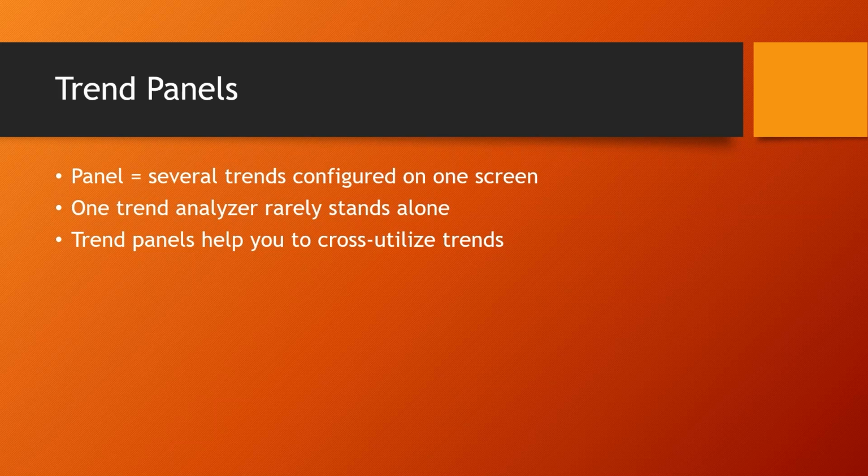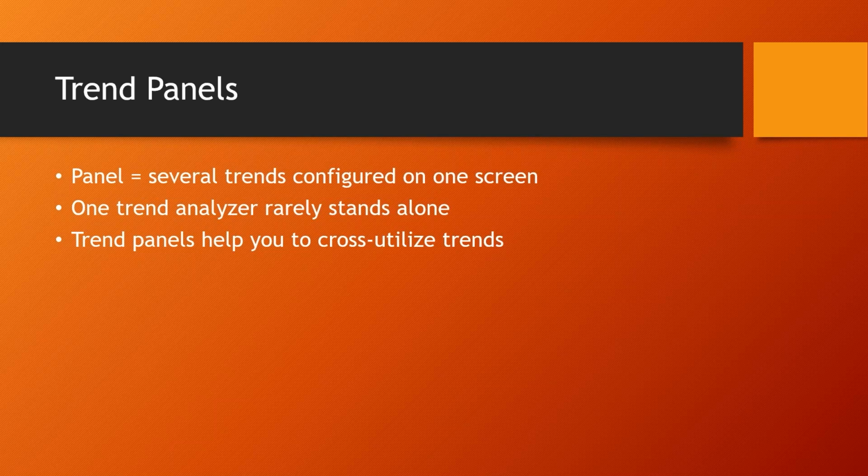And as we talk about what you look for as you're identifying different things in the trends and trying to root out whether something is artifact or not, keep in mind that last point: using the trend panels helps you to cross-utilize the trends. So really one trend can lead you astray. Multiple trends will help you zero in on what's going on.